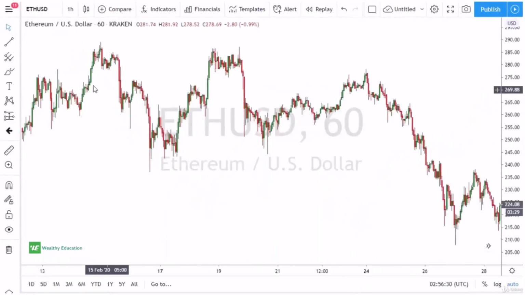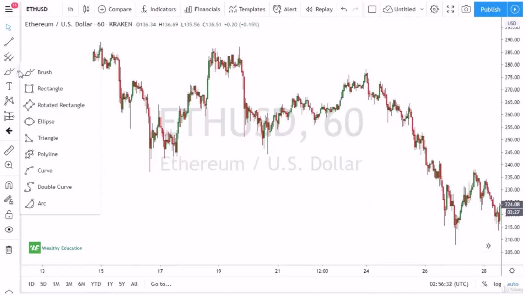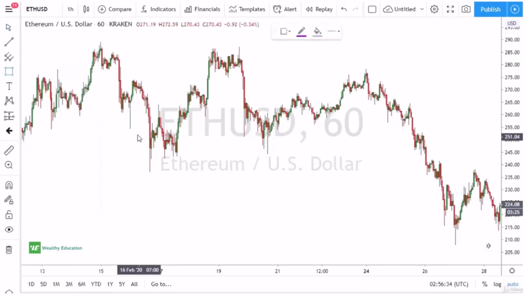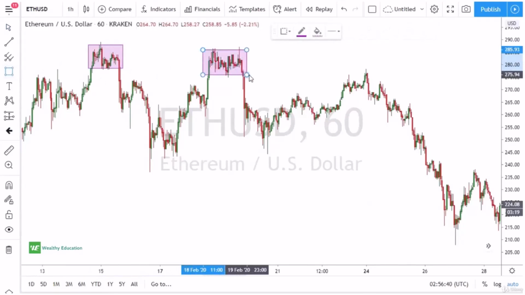Ethereum, you can see that there was a couple of rectangles here on the hourly chart, and you will get them more frequently, obviously, on shorter time frames. But there should be no doubt that those were both profitable trades, because you're only looking for twice the move, or twice the height of the rectangle for the move. Clearly, that was not an issue.